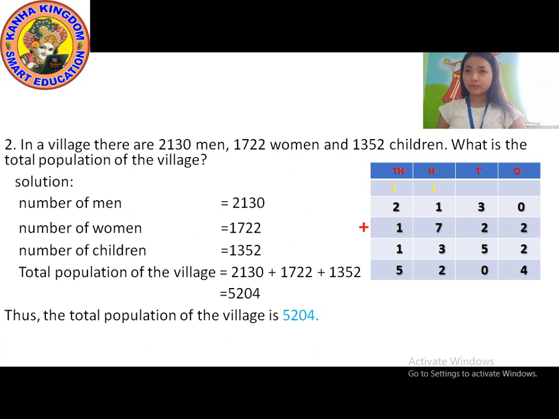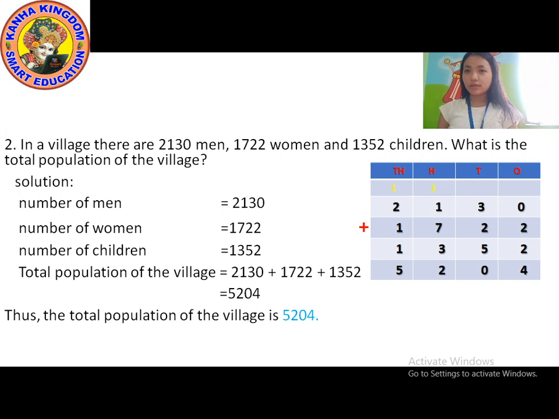And 1352 children. So in the village, 2130 men, 1722 women and 1352 children are there.